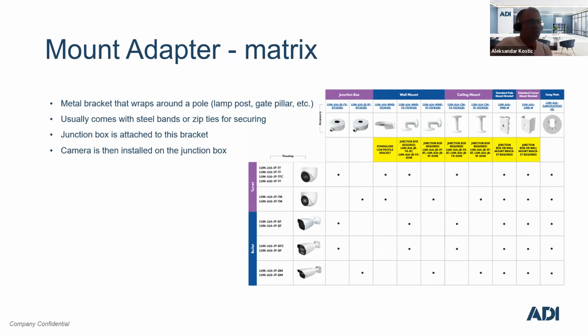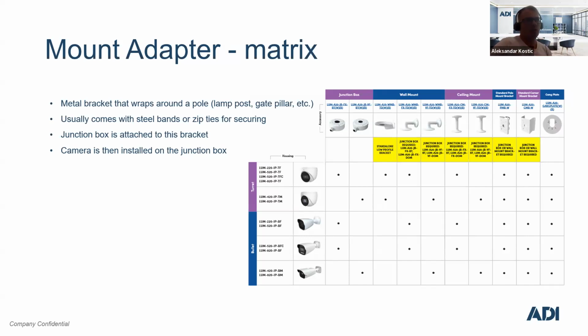junction box itself. As you can see here, there are many different mounting brackets available, so you have quite a big choice in terms of mounting the camera, how it is best for a certain project.